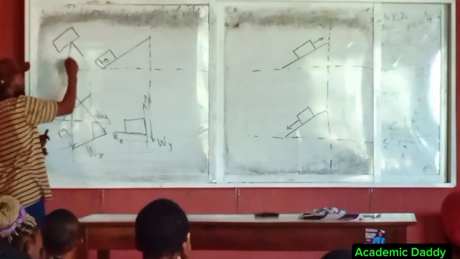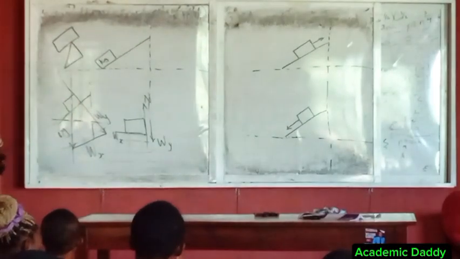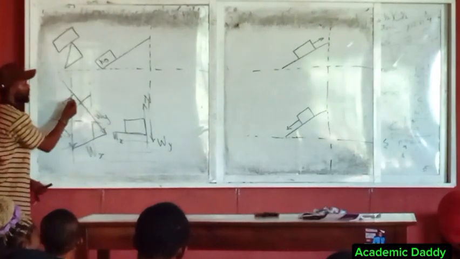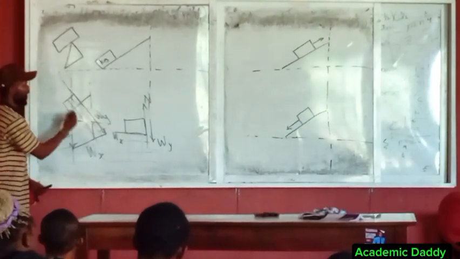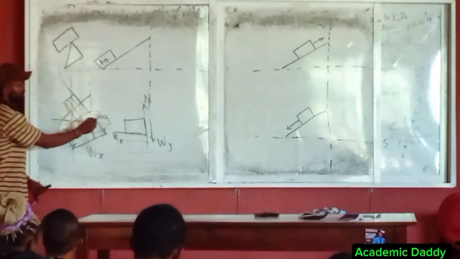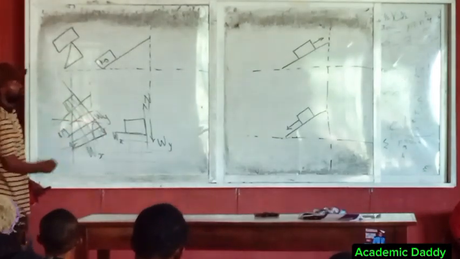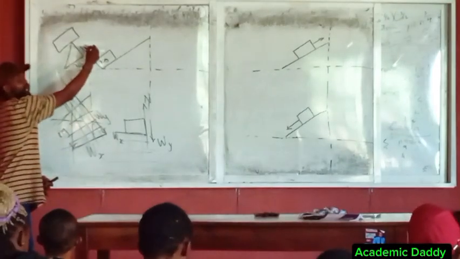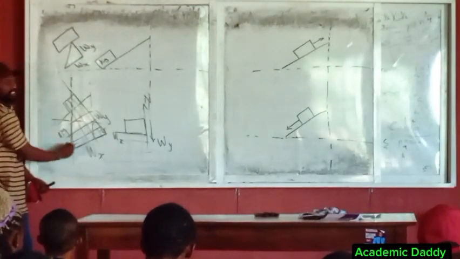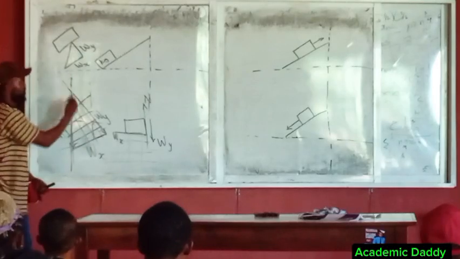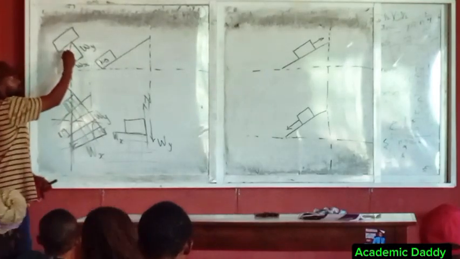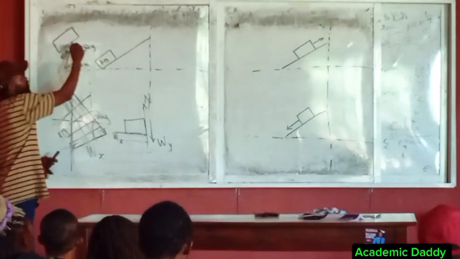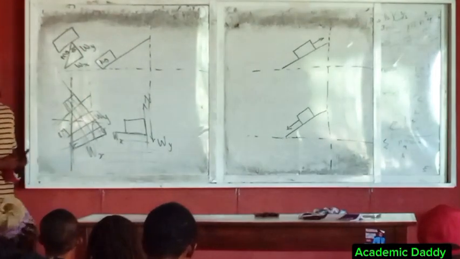Because if you take this to be the weight on the y-axis and this to be the weight on the x-axis, then that's our straight line for gravity, because my mg is gravity and its mass. Now, what angle is this object making with this triangle?